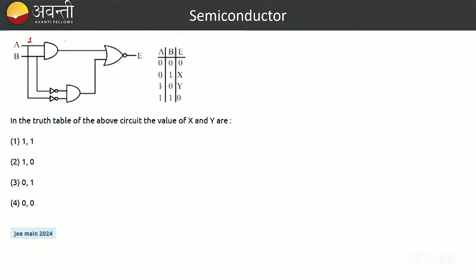We give a signal of 1 and 0, let's say 0 and 1. So at A it will be 0, and at B it will be 0. So for this AND gate, it will give you 0, because AND gate gives you 1 only when both the values are 1. But here only one value is 1, or we can say the true value.